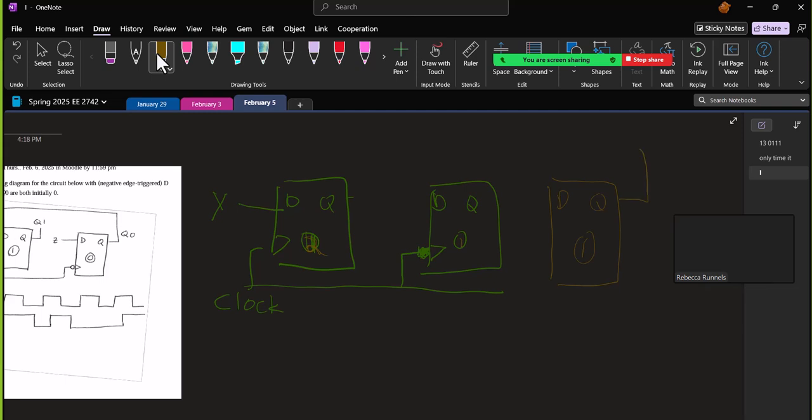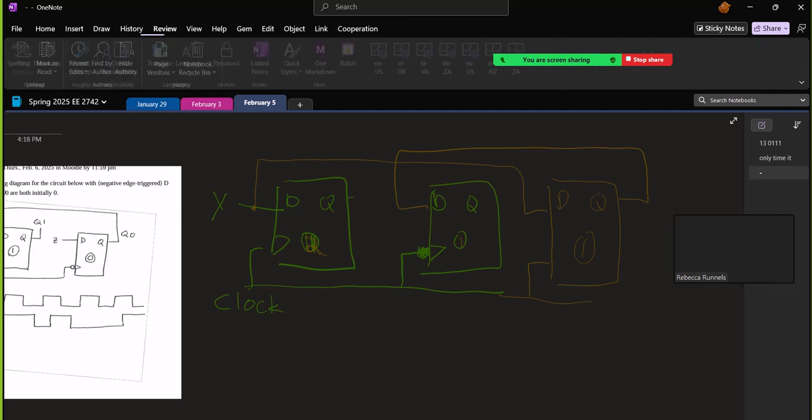I'll have the output from this one going to this one. And I will have X being the input for both of these.